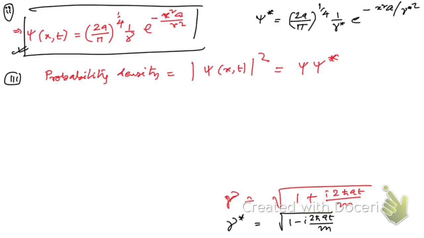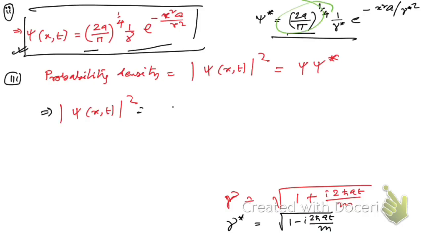So if we multiply this one and this one, then what we're gonna have here, let me copy this. So then this probability density will be equal to, if you multiply this to this one and this one, then this power will be 1 by 2, in that case 2a by pi to the power 1 by 4 plus 1 by 4, that's going to be 1 by 2, right?